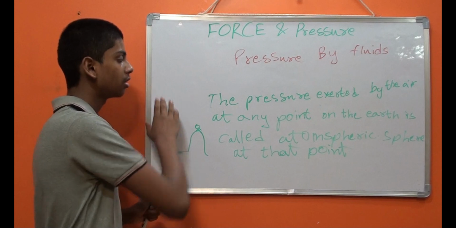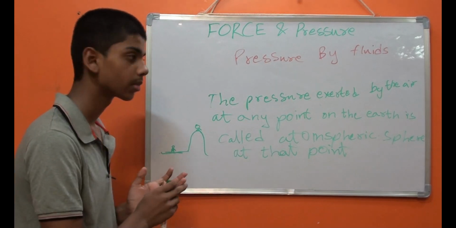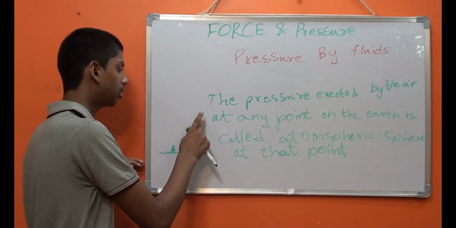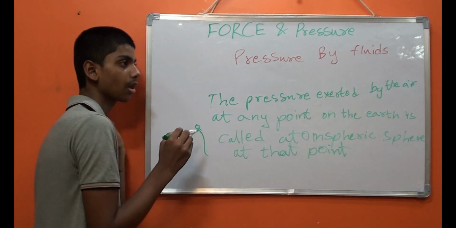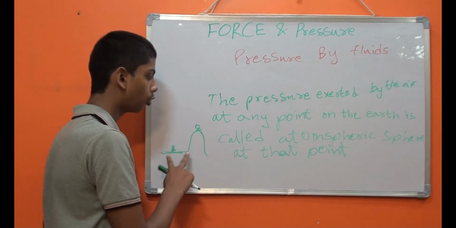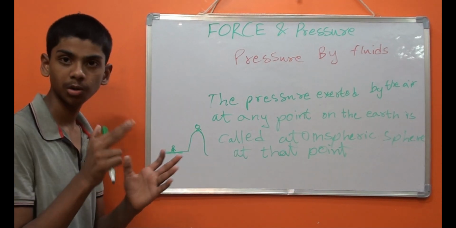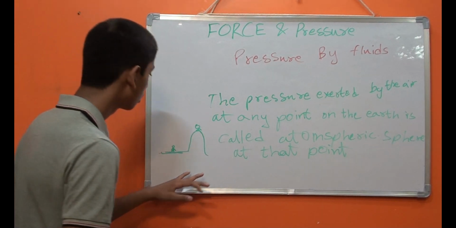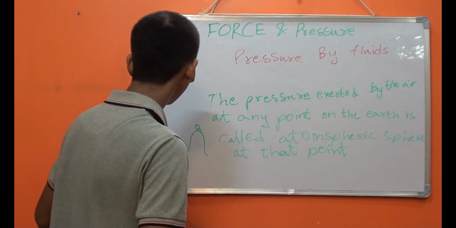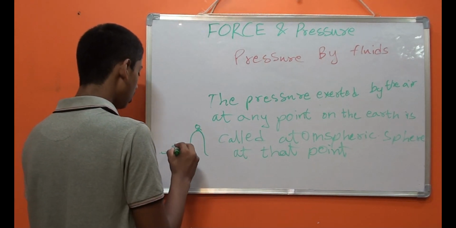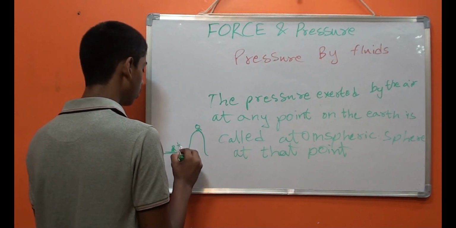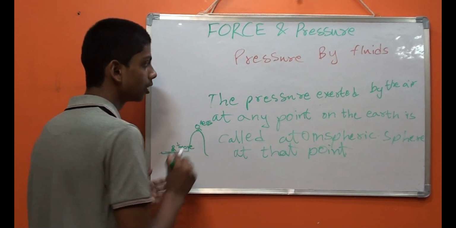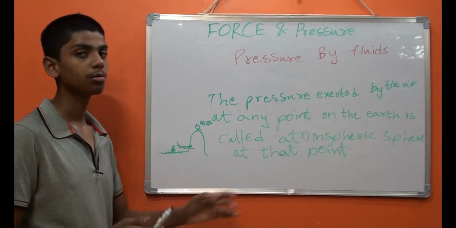This is the meaning of this statement. Pressure exerted by the air is applied at both points, but their height varies. That's why the pressure at the lower point is more and at the higher point is less. That is what this statement means.